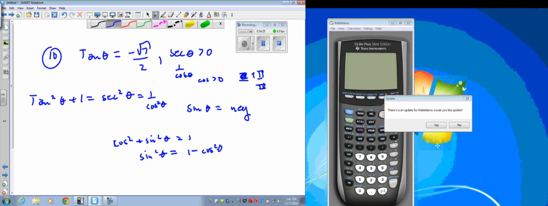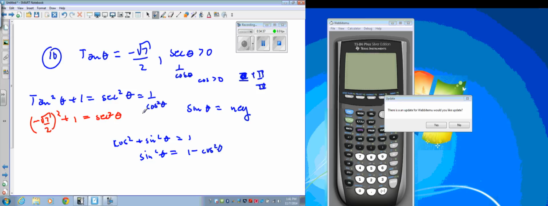I put in my value: negative square root of 7 over 2, quantity squared, plus 1 equals secant squared theta. Now this is going to be 7 over 4, plus 1 equals secant squared. I have to do 4 over 4, so I got 11 over 4 equals secant squared theta.